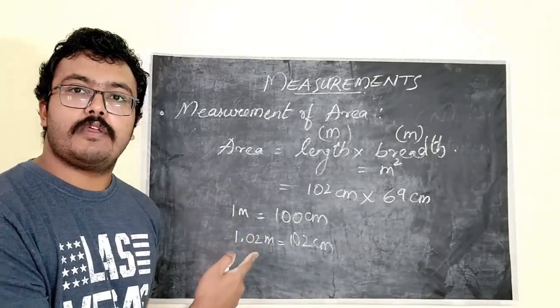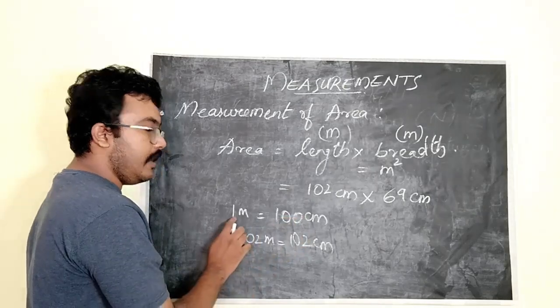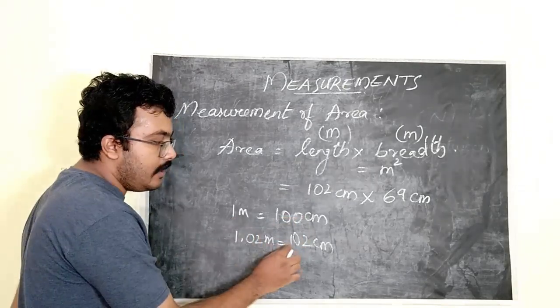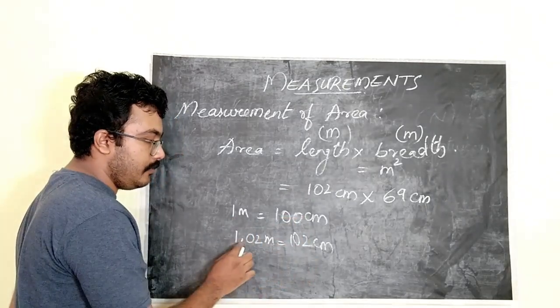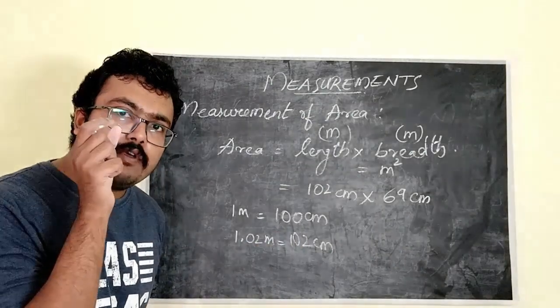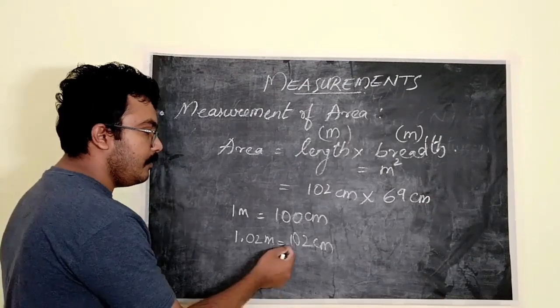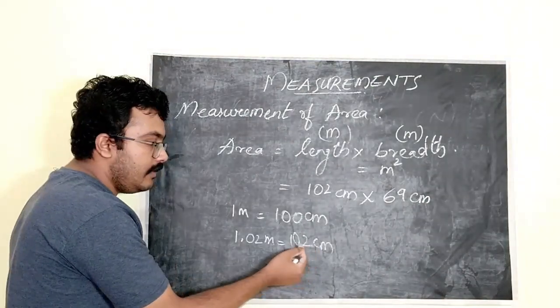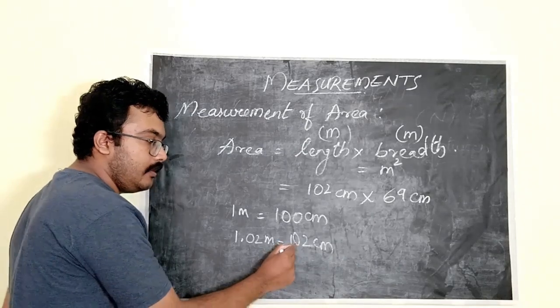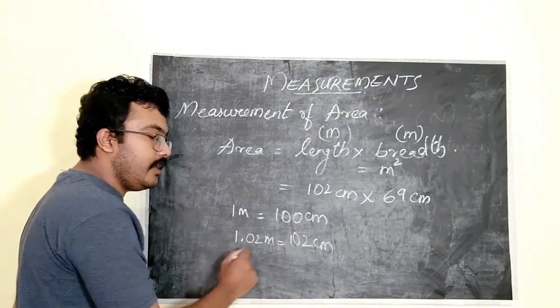Just look into it. 1.00 is 1 meter. Similarly, 1.02 is 1.02 meter. Very simple. After one point, there should be two numbers. That will give you a meter. In 102 centimeter, if I put a point before two numbers, I'll get the exact meter that I need.